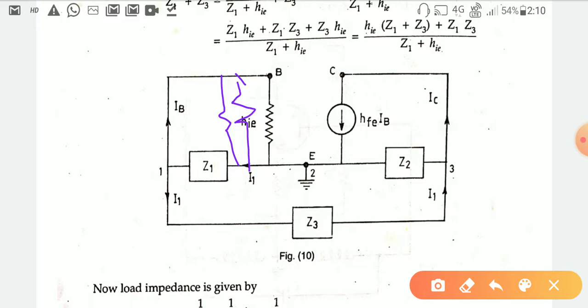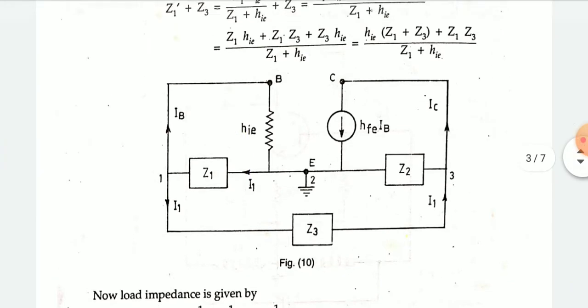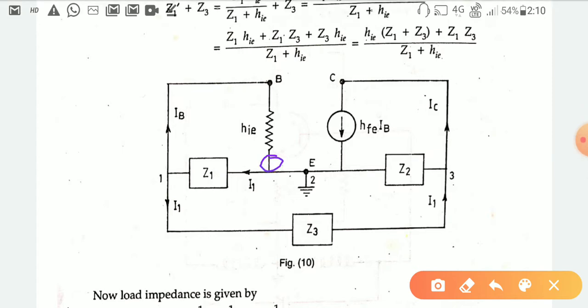So this section can be omitted for easy analysis. There is also an induced voltage source, h of re times V0. This is also omitted, or shorted, because h of re has to be chosen so that it is very small in this kind of circuit.